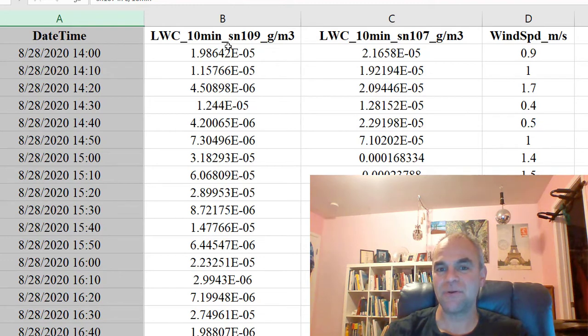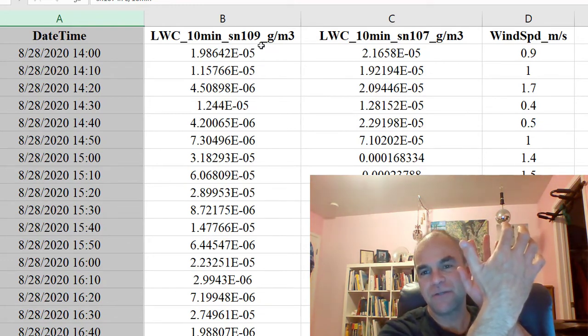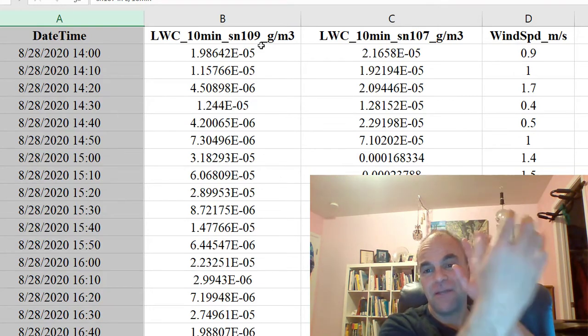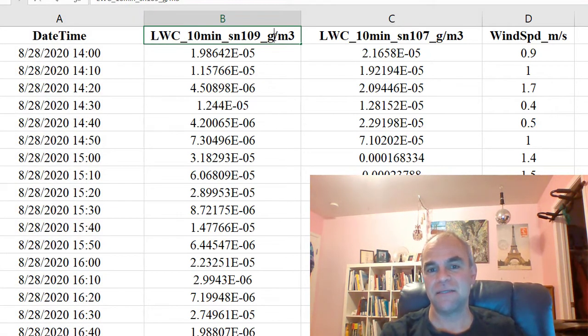This is serial number 109, which was placed directly behind one of my standard fog collectors. So the mesh got some of that fog, the rest of it blew through, and this SN109 FM-120 collected it.